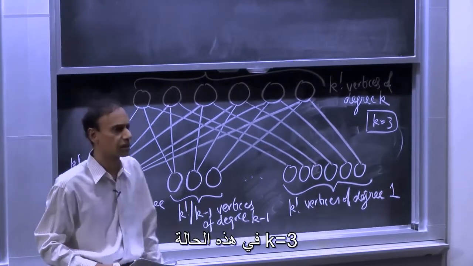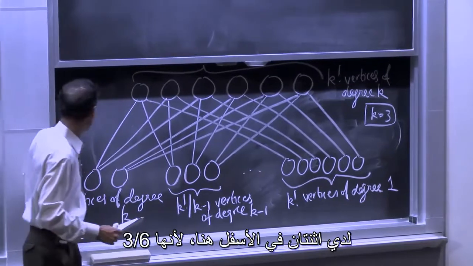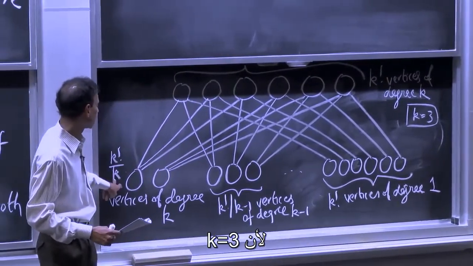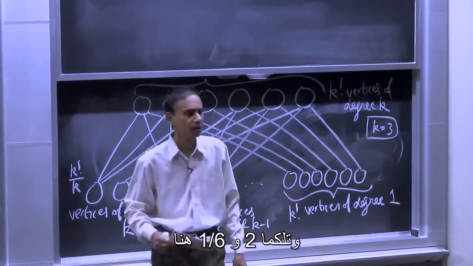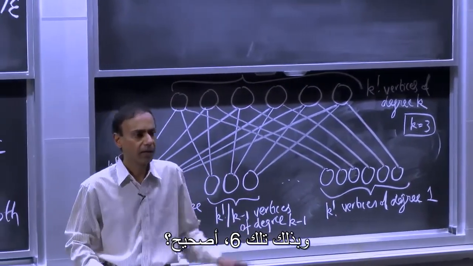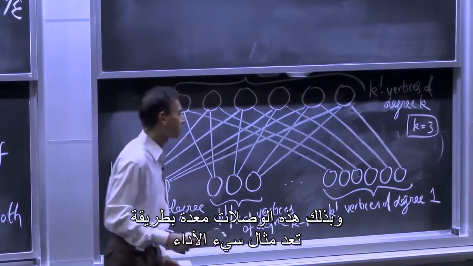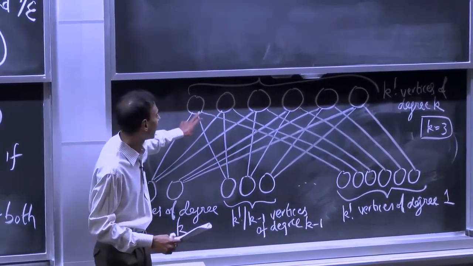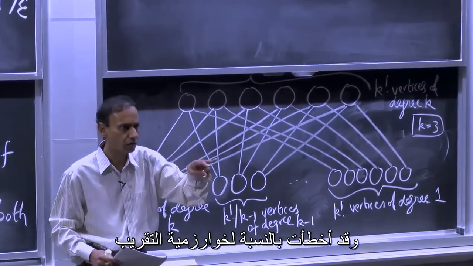So k equals 3 in this case. So I have 6 vertices up there. I got 2 down here because this is 6 divided by 3 because k is 3. And then I got 6 divided by 3 here, so that's 2, and 6 divided by 1 here, and so that's 6. Okay? And so these edges are set up in such a way that it's a pathological example. And I misspoke in terms of the approximation algorithm.